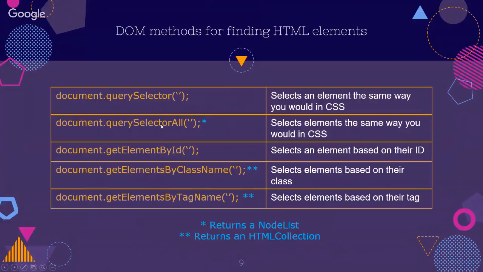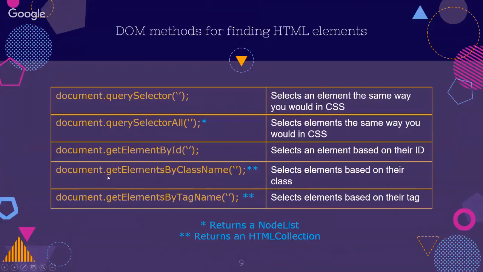I will mention that these two are the only methods used for selection of HTML by most professionals on real-world projects, only because they don't have to think about what the method name was for selecting classes, tags, IDs, namely these three.